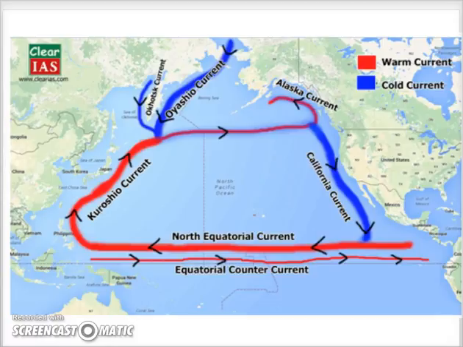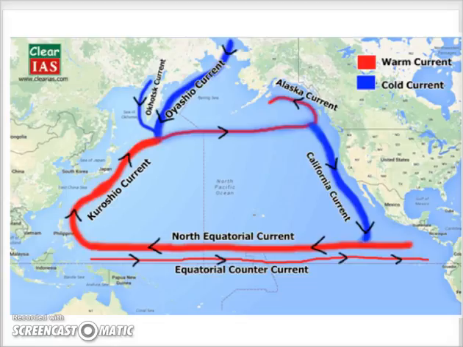So, Pacific Ocean, Northern Hemisphere. The North Equatorial Current turns northward and flows along the Philippines Islands, Taiwan, and Japan as the warm Kuroshio Current.